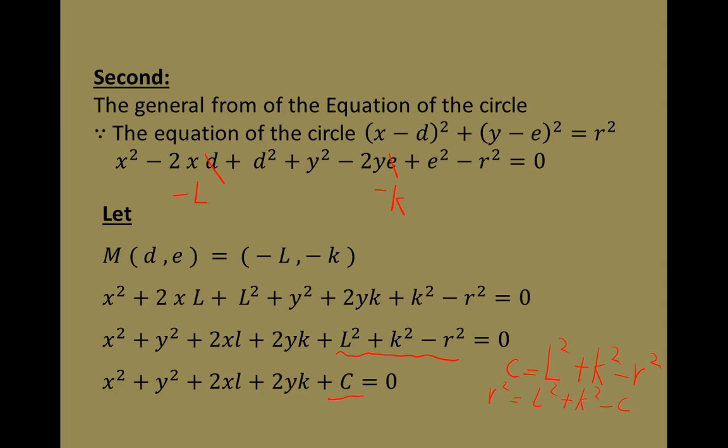To get the radius of the circle from the general equation of the circle, I will take the square root of the value of r squared. Then r equals the square root of L power 2 plus K power 2 minus c. Also, to get the center of the circle from the general equation of the circle, you should divide both the coefficient of x and the coefficient of y by negative 2.